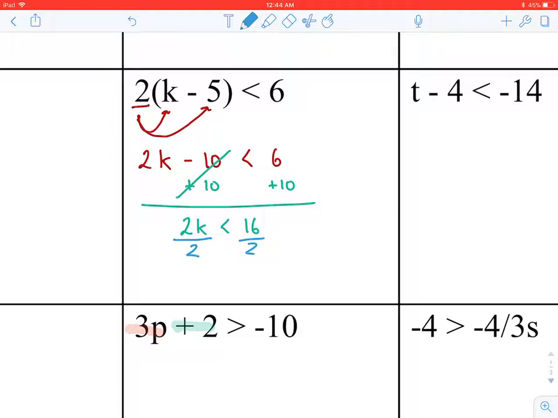You can see how I have one number on top of the other every time I do multiplication or division. And so that 2 over 2, 2k divided by 2, is going to cancel out to leave me with just k. Remember, there's technically a 1 here. And then this is going to stay as a less than symbol because we didn't use a negative number, which means that the symbol stays the same. And then finally, 16 divided by 2 leaves me with 8. And so k is all values that are less than 8.